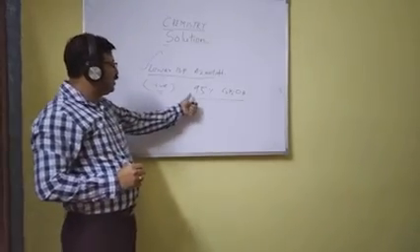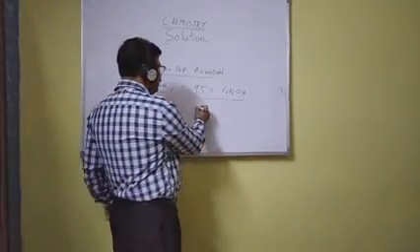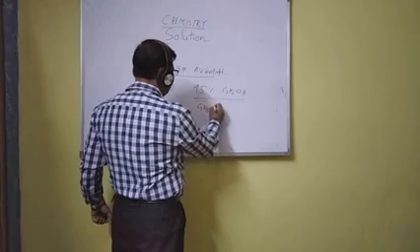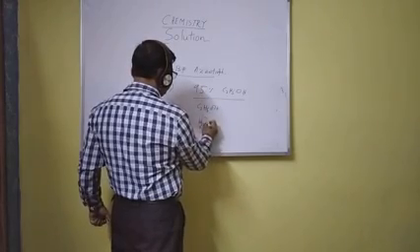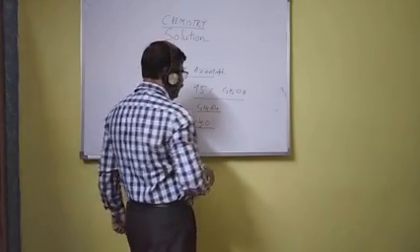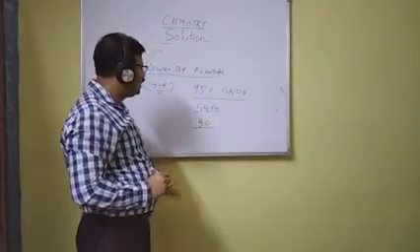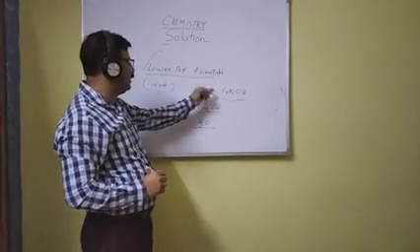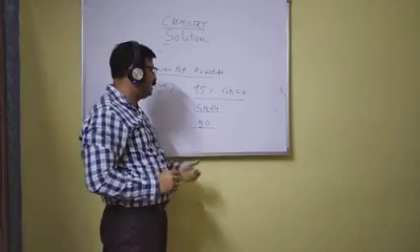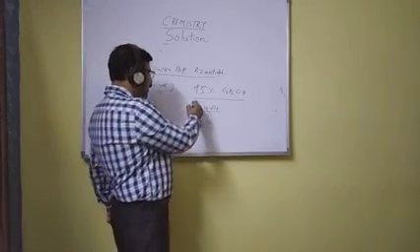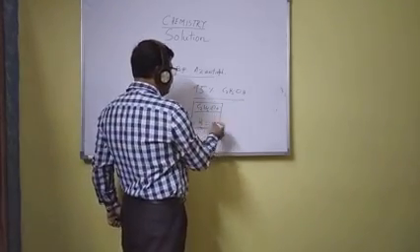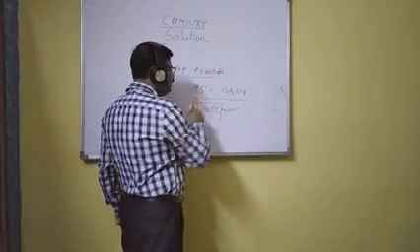And ethyl alcohol means C2H5OH plus H2O. If you try to distill this 95% mixture, the temperature at which distillation starts will be lower than the boiling point of ethyl alcohol.